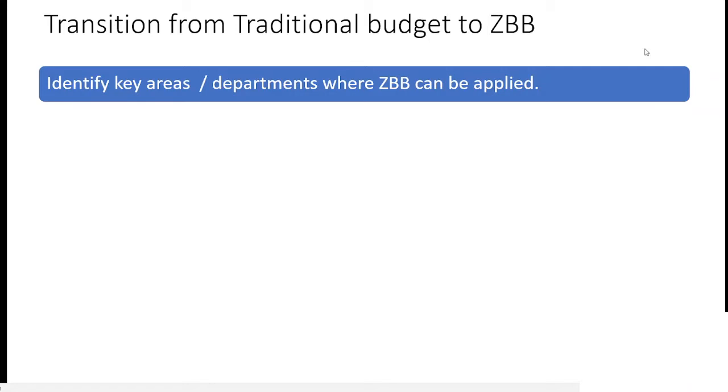So for me, when I applied zero based budgeting for the first time, I applied it immediately to sales and marketing. That was the first area, and the second area was the labor force. In most organizations, especially manufacturing and service industries, the labor force could be the largest cost that the business has, apart from the direct cost of sales.